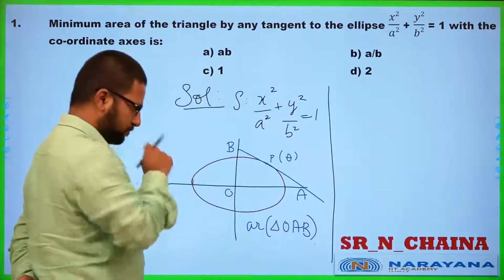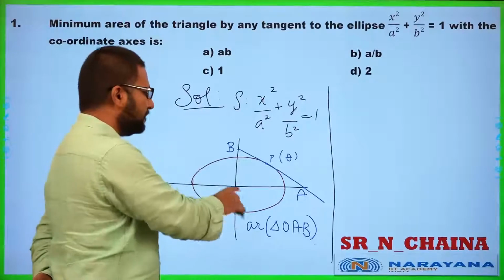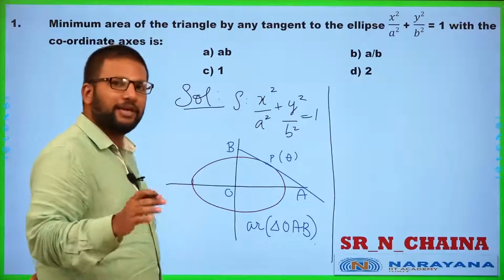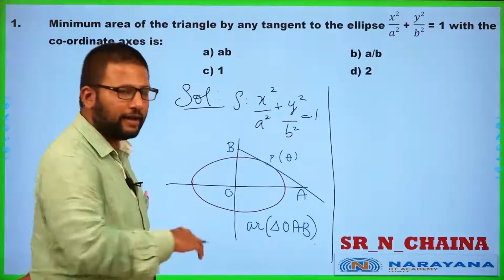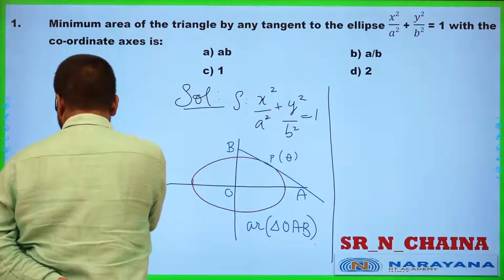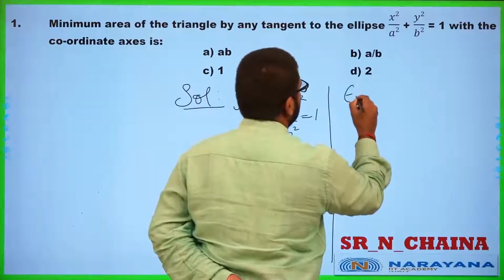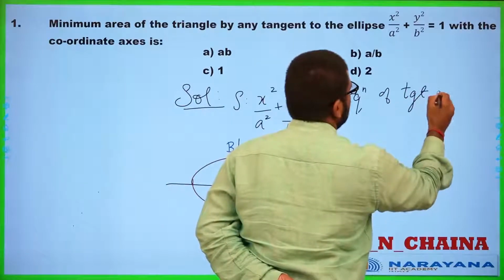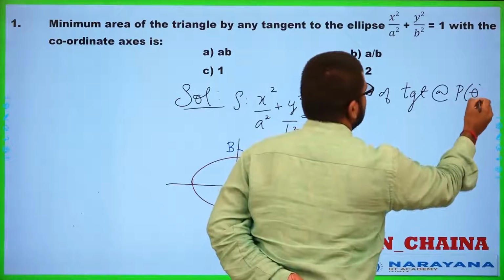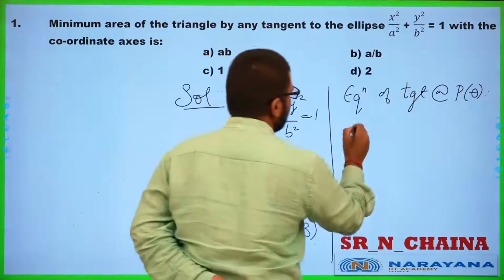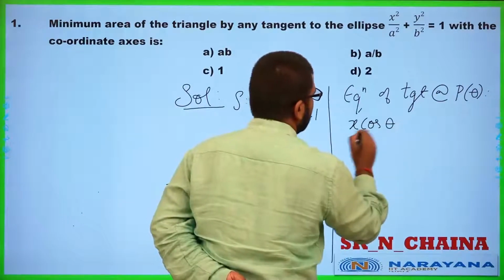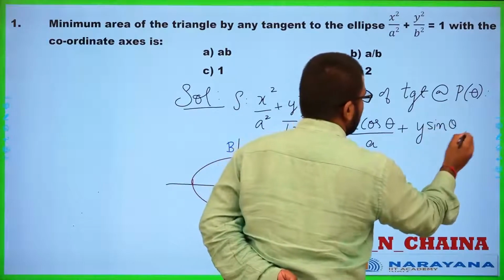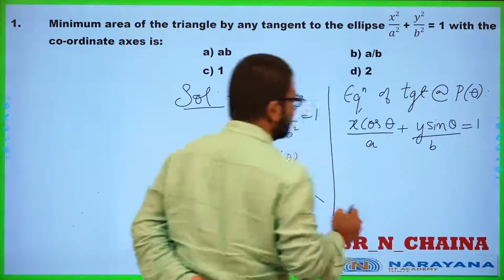Alright. For that area I need OA and OB, which are the x and y intercepts of the tangent. So let us just go with the equation of tangent and then look at the x and y intercepts. The equation of tangent at P of theta is x cos theta by a plus y sin theta by b equal to 1, right?